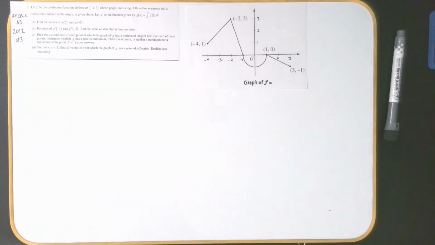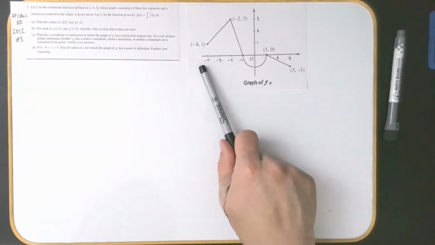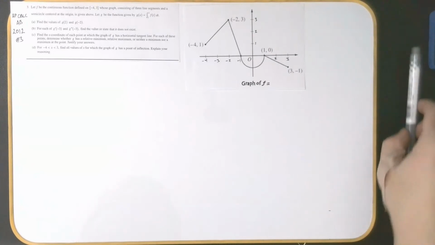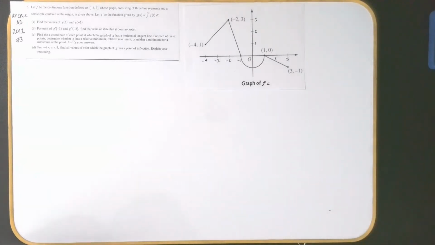It says, let f be the continuous function defined from -4 to +3, whose graph, consisting of 3 line segments and a semicircle centered at the origin, is given above, or to the right here. Let g be the function given by g of x is equal to the integral from 1 to x of f of t dt.